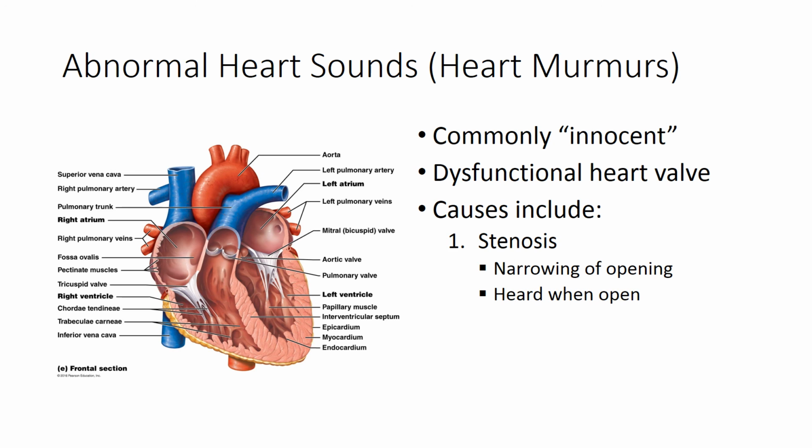So we're going to look at two causes of heart murmurs, and these would be of the dysfunctional variety where there's a problem with the valve. One is called stenosis, and this is a narrowing of an opening. You could have stenosis of any of the valves, the semilunar or atrioventricular valves, but the valve opening is more narrow than it should be.